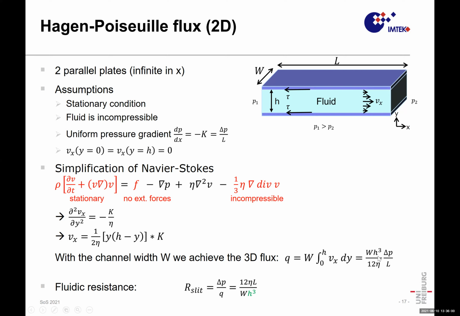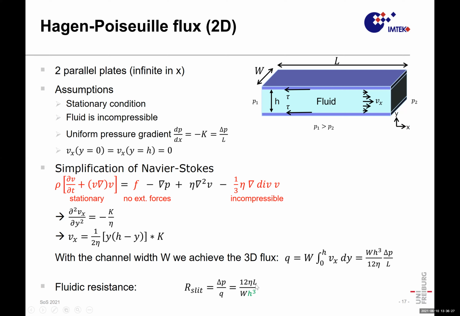And we see the height is with the third order in here. So the higher the system, the higher the flux can be. And of course, now we have a relation between the pressure drop across this channel and the flux, which is exactly then the resistance of this system. And we get then the slit resistance, or acoustical slit resistance, as proportional to the length of the slit.